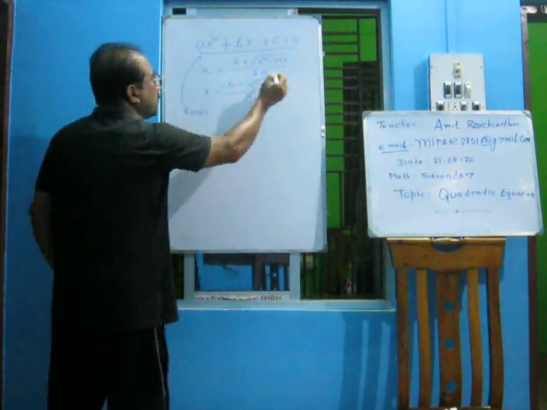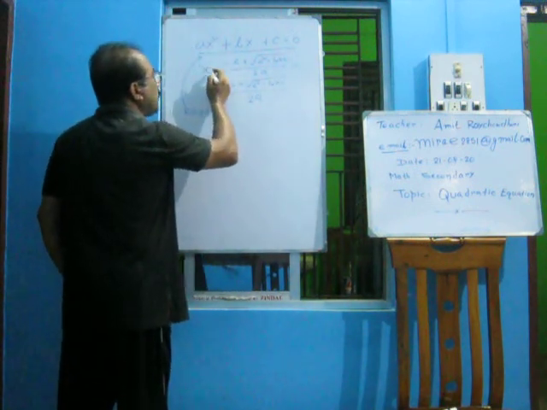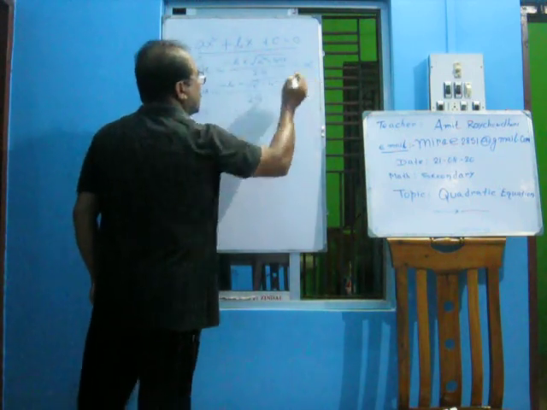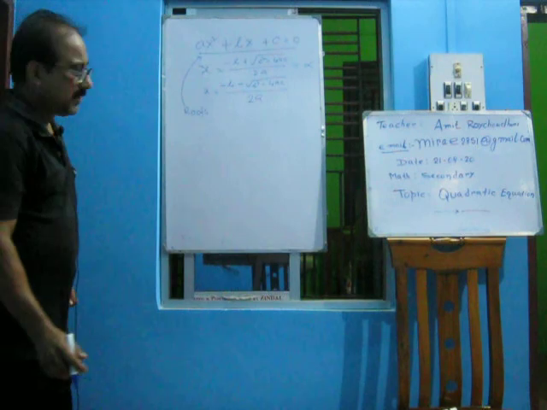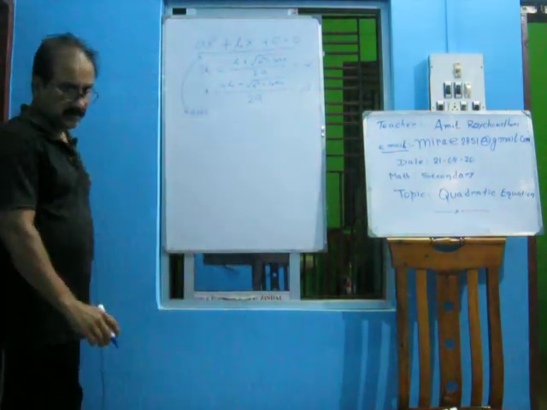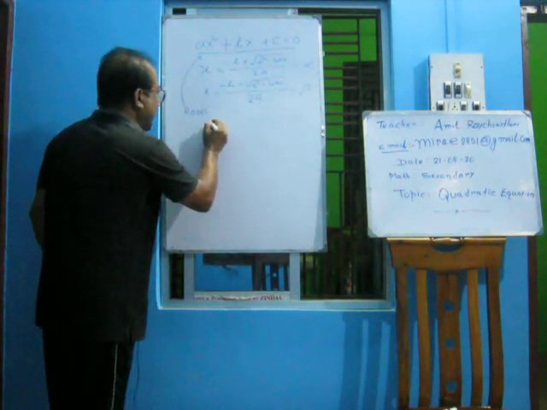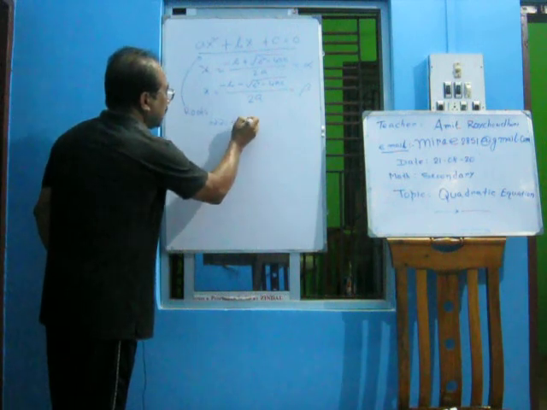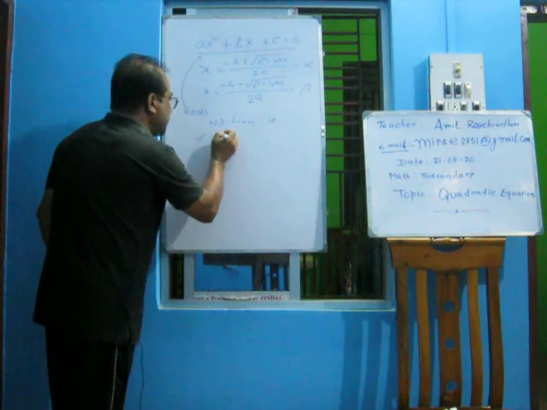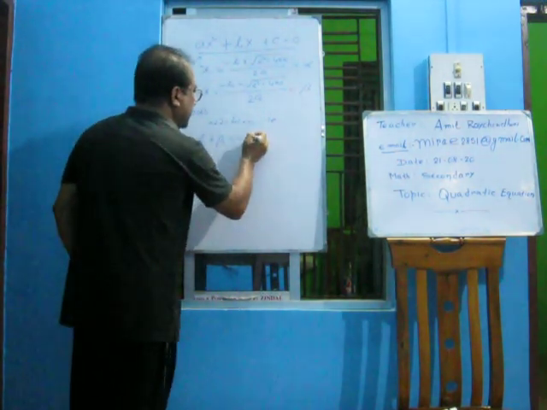If instead of x, I write the first root as alpha and the second root as beta, then the addition of these two roots, that is alpha plus beta, will straightaway come as minus b by a.